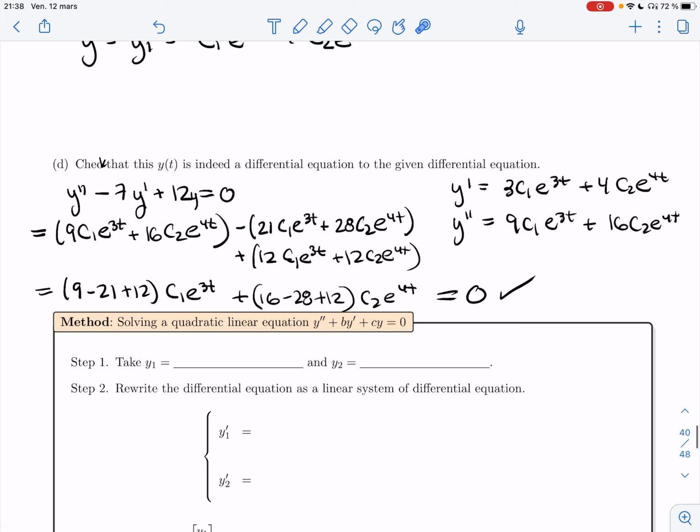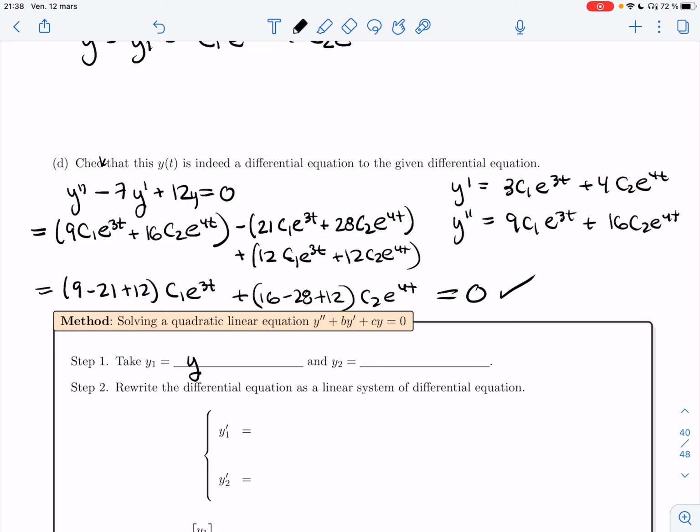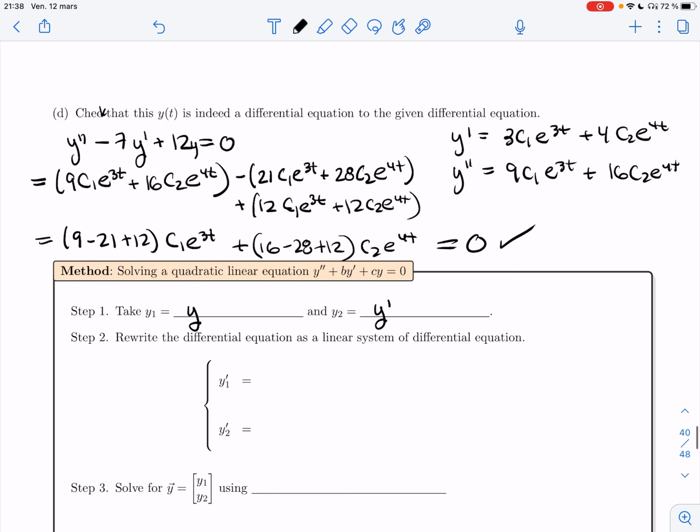All right, so here's the method to solve a second order linear equation, y double prime plus by prime plus cy equals 0. First you take y1 equals y and y2 equals y prime. You rewrite the differential equation as a linear system of differential equations. So y1 prime, that's y prime, so that's equal to 0 y1 plus y2.